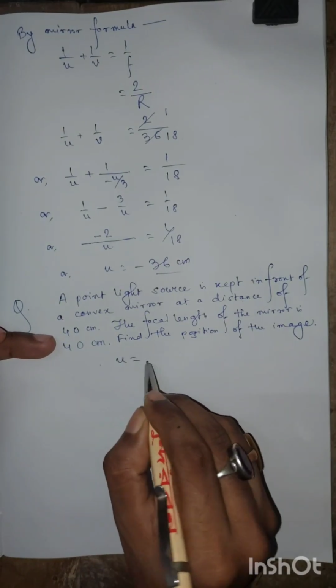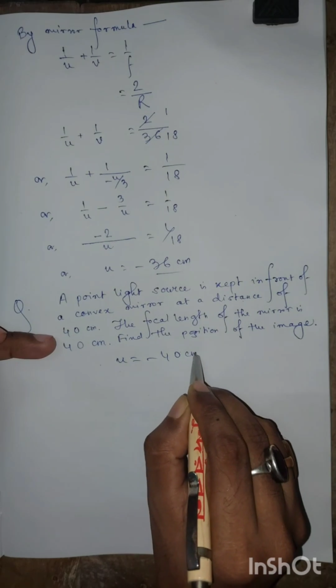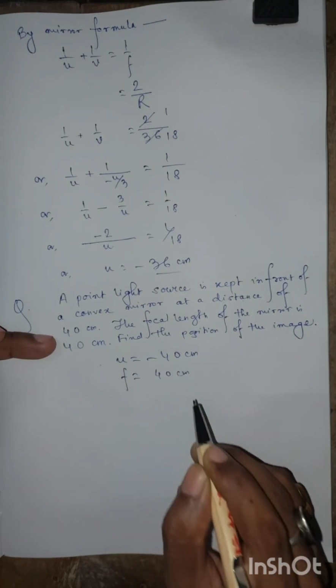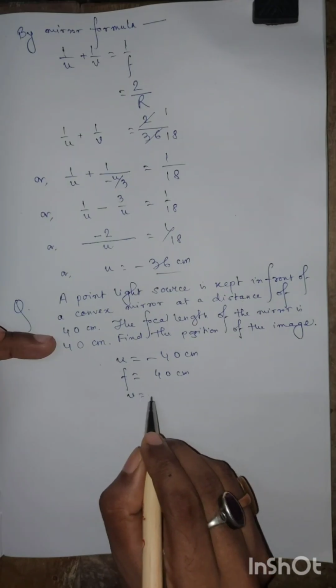So u is minus 40 centimeter, focal length is plus 40 centimeter, and v is unknown.